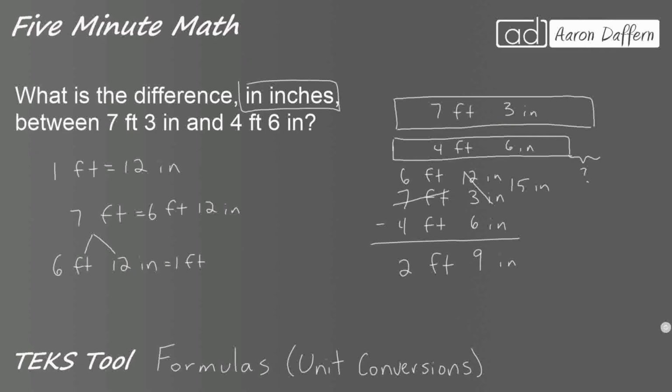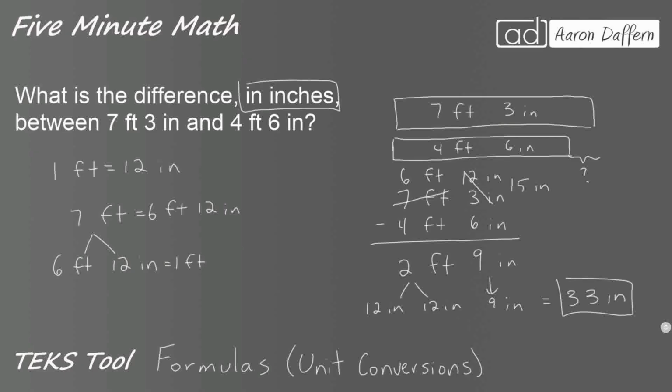Well, I can take this 2 feet and say this is 12 inches for 1 foot, 12 inches for another foot, and then I've got my 9 inches right here. So if I want to put these in inches, I can just add those up. 12 and 12 make 24, and then that 9 is going to make 33 inches altogether is the difference.